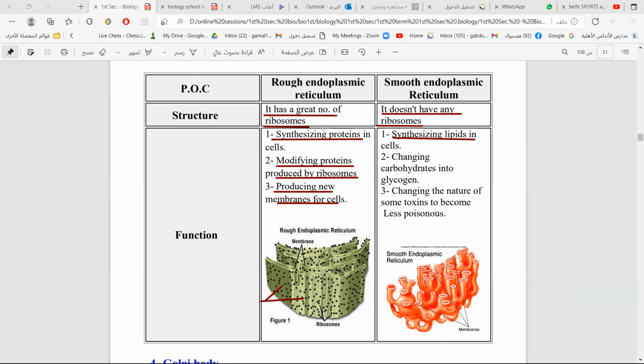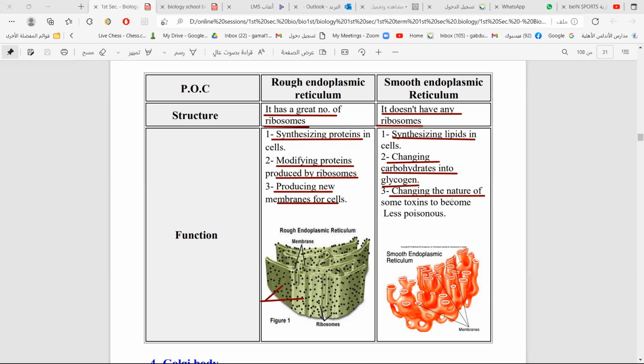The rough makes protein and the smooth makes lipids, and changes carbohydrates into glycogen. So we can see a lot of smooth endoplasmic reticulum inside the liver, because inside the human liver carbohydrates or glucose change into glycogen.